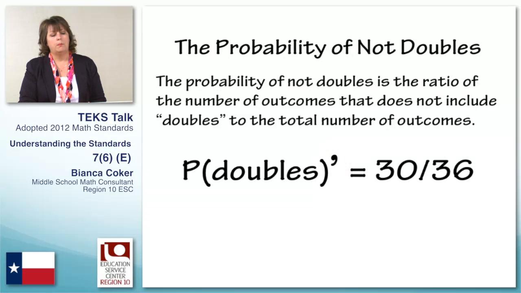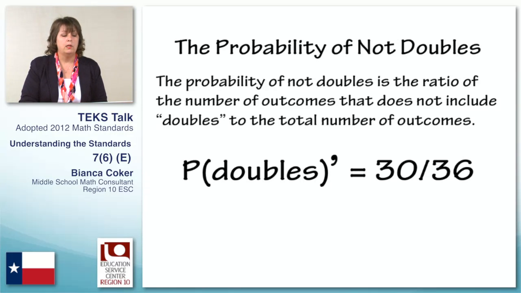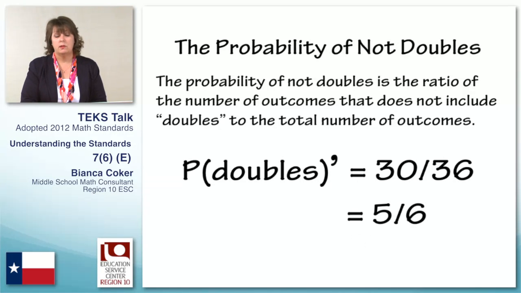So we can just write probability of doubles, 6 out of 36. But if we put that little mark here, that means not doubles, and it means our complement. So we would use this kind of symbology to describe our situation. And of course, we would want our students to simplify that ratio as well to 5 out of 6.